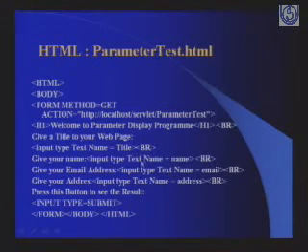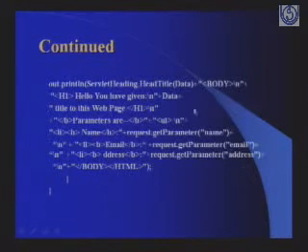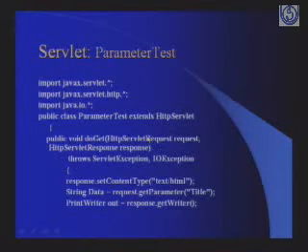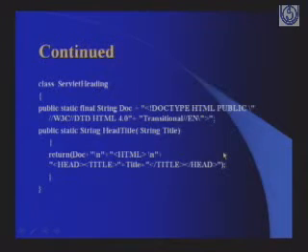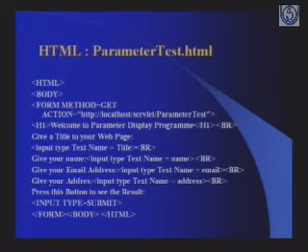Definitely a fourth parameter is there, but I am not using it in this program. As you can see, get parameter I am using just outside, but in our HTML page which we are creating inside the servlet, we are using 3 get parameter methods, 1, 2 and 3 here, and all these 3 are being used for getting the name, email address and address of the client or the user who is requesting the application.